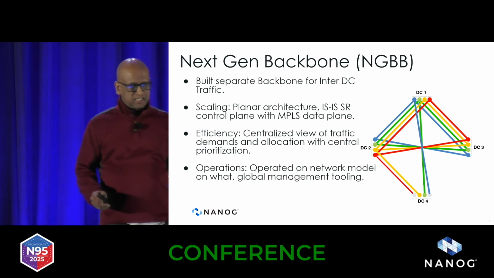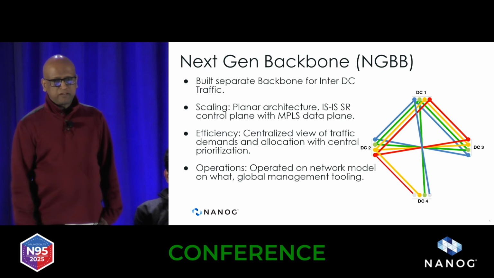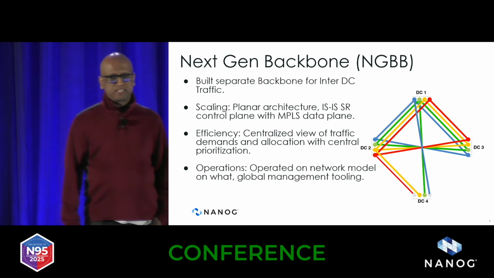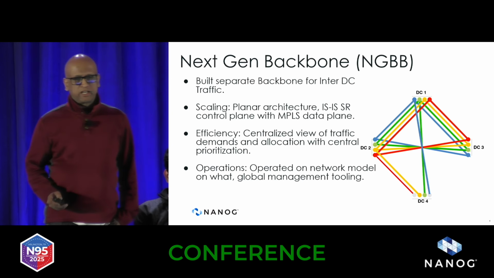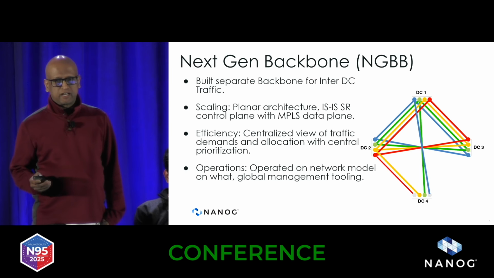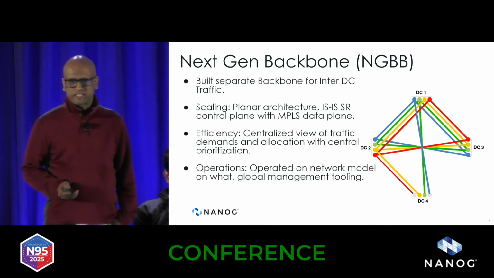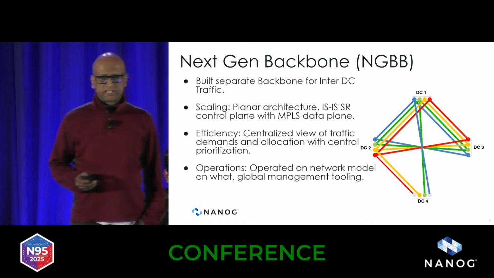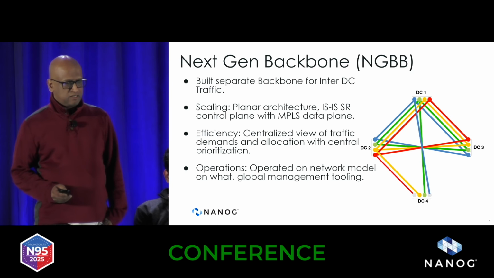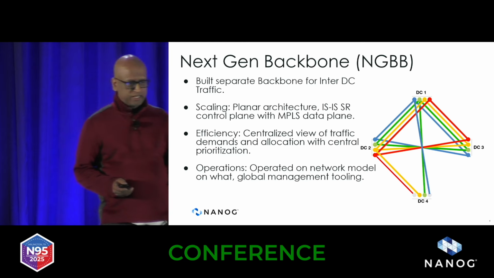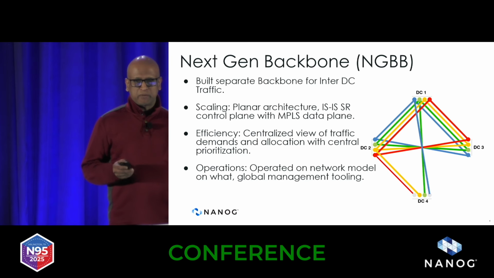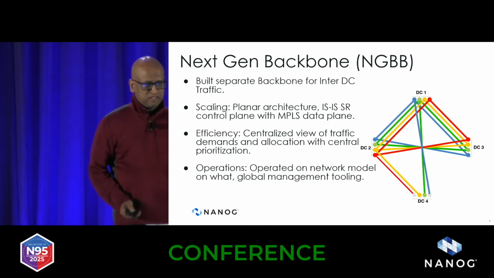With IS-IS SR and source routing, none of the intermediate devices or tail routers need to keep the state of the path. The source decides what path to take and puts it onto the incoming packet, and the intermediate devices just switch based on the path.